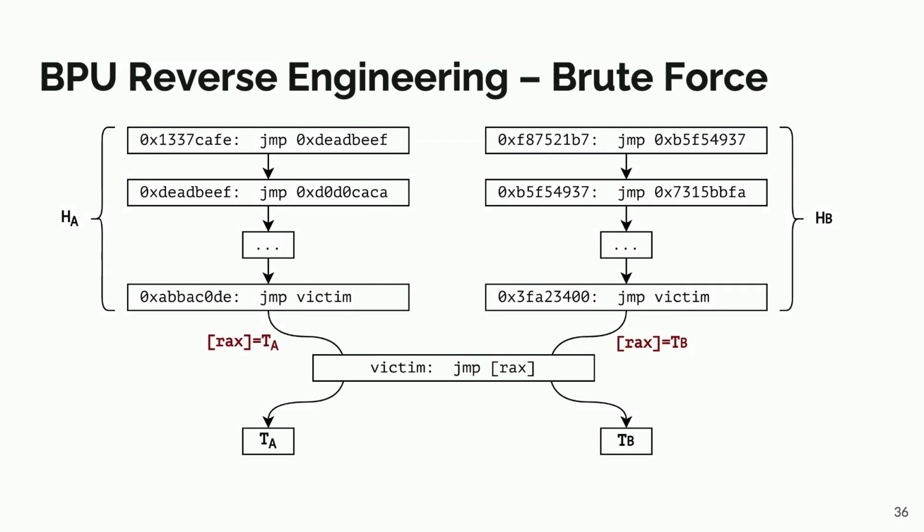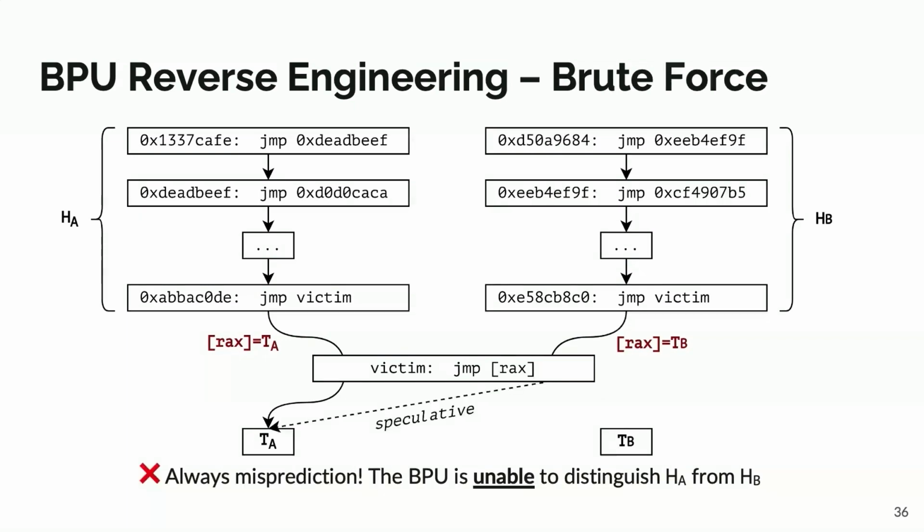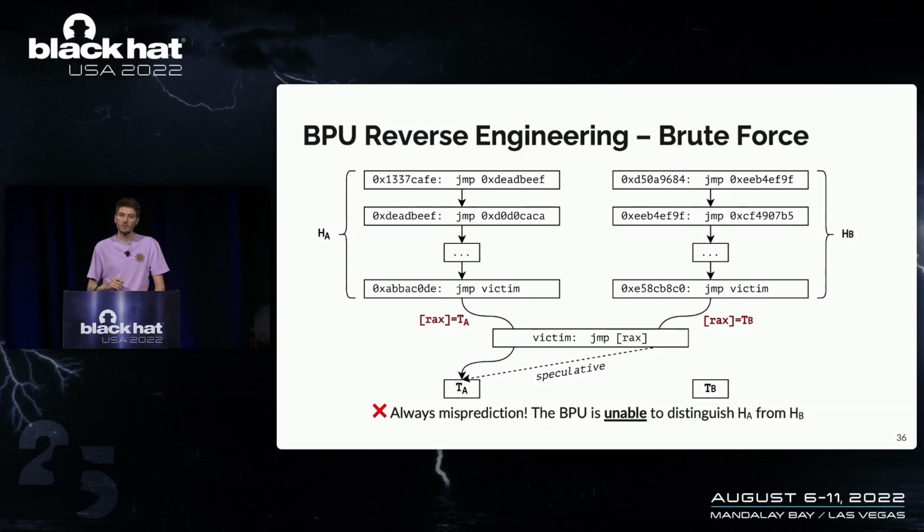As you can see, our goal was to associate target A with history A and target B with history B. If we execute these two code paths in an alternating fashion, we observe always-correct predictions from the BPU. This is expected, because we are giving the branch prediction unit the golden scenario to perform accurate prediction. But what if we keep the left code path constant and randomize the right one? What we observed was a 100% misprediction rate.